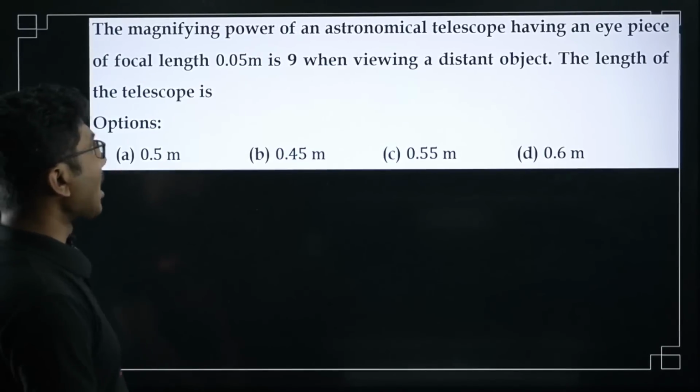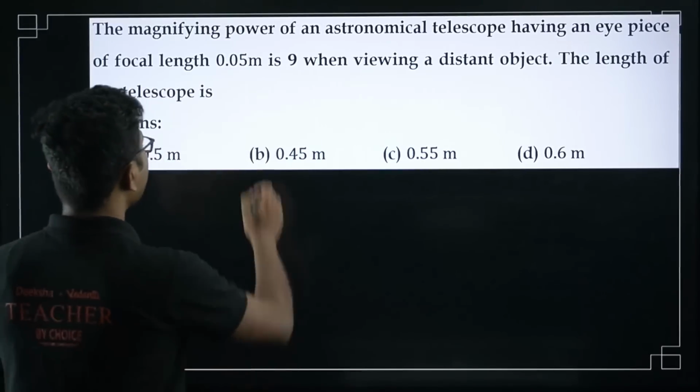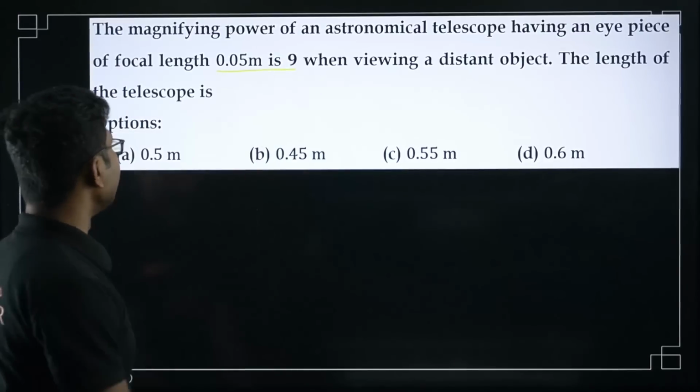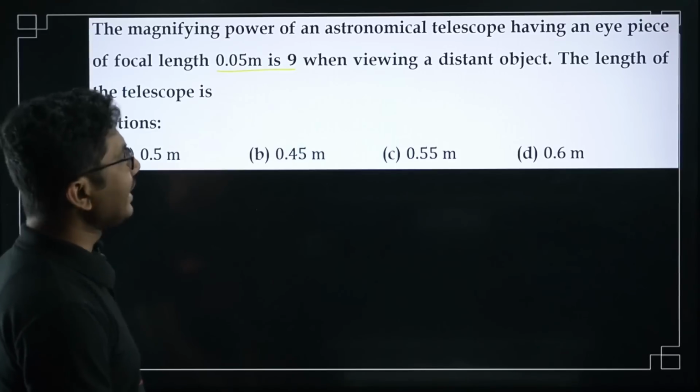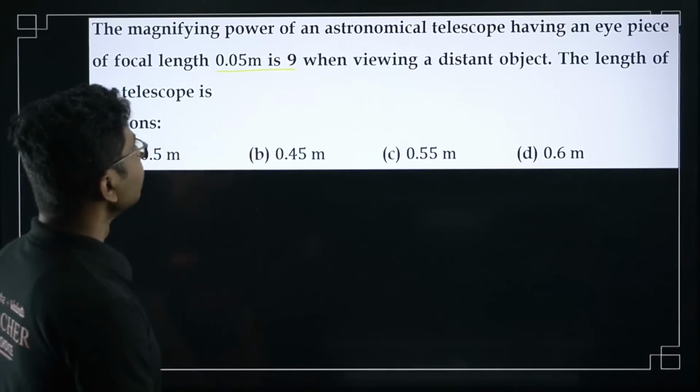The magnifying power of an astronomical telescope having an eyepiece of focal length 0.05 meter is 9 when viewing a distant object. The length of the telescope is?